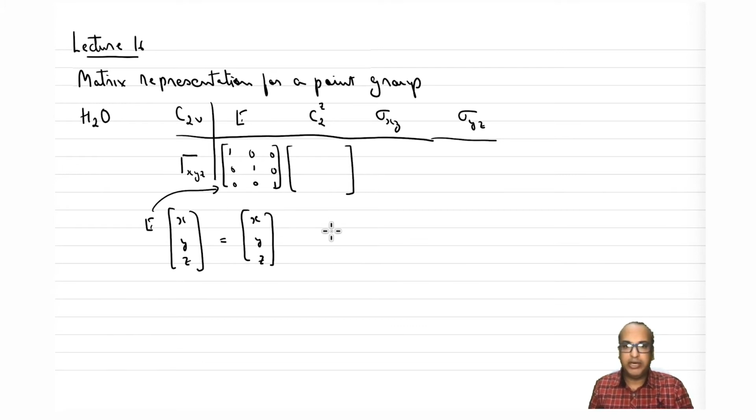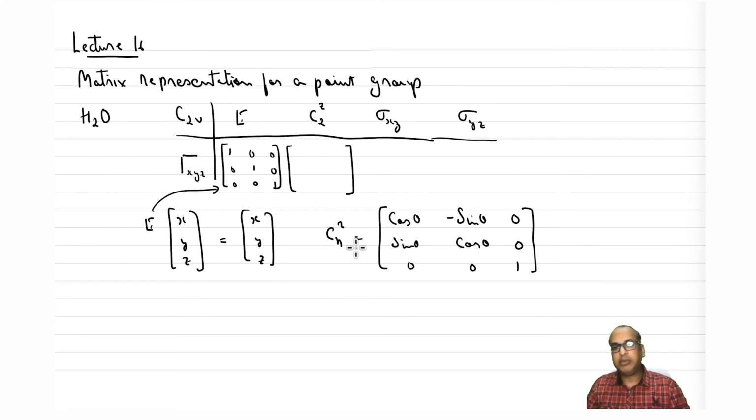Let me write down CNZ: cos theta, minus sin theta, 0; sin theta, cos theta, 0; 0, 0, 1. This was done in the last lecture, right?